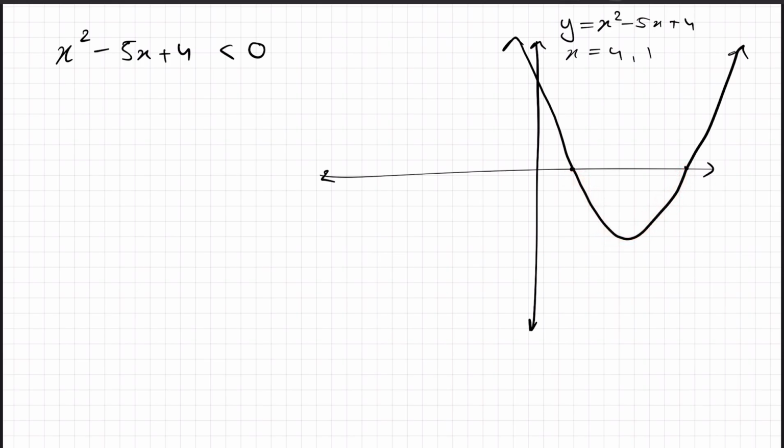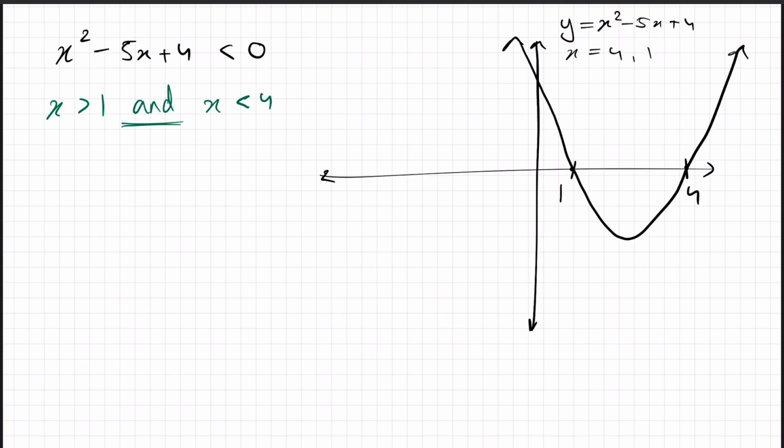So, you know, this x value is 1, this is 4, and we want to get all of these x values between them. So the solution is going to be x is greater than 1 and x is less than 4.